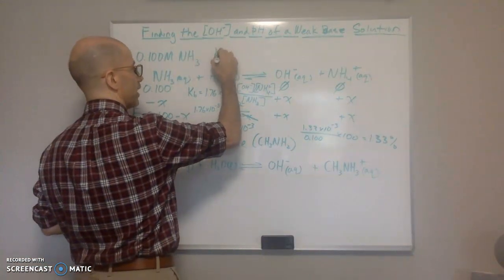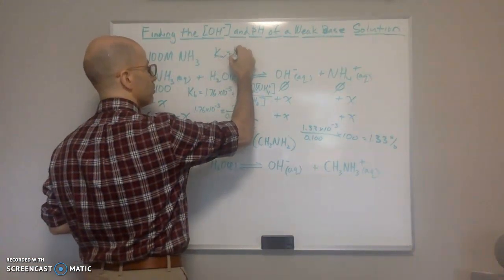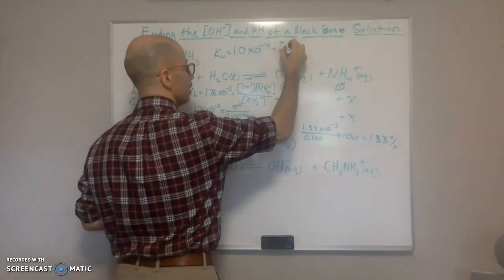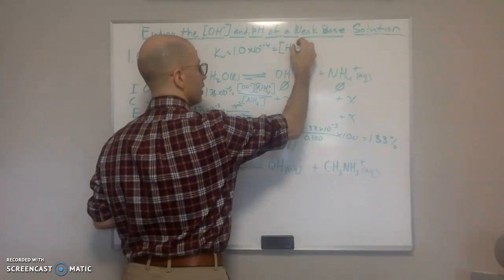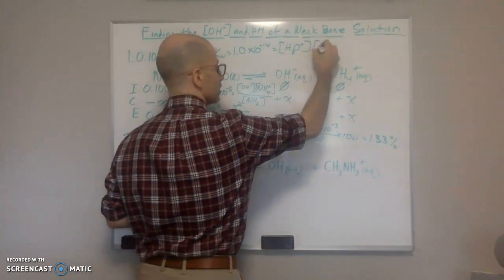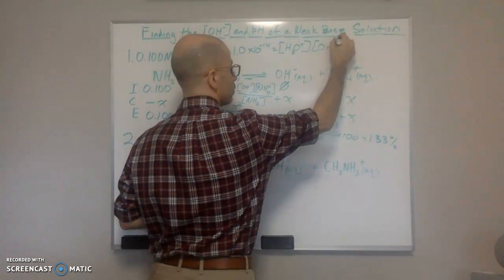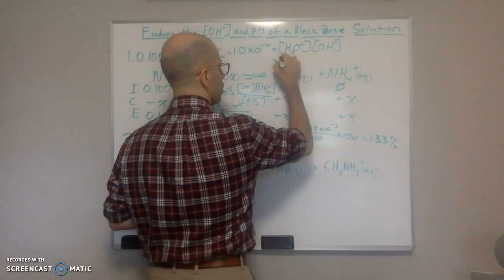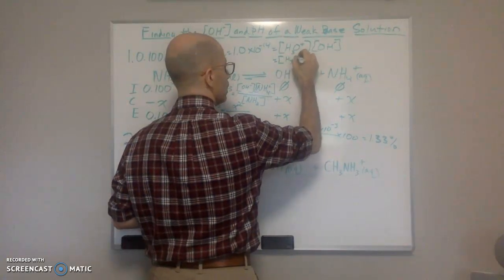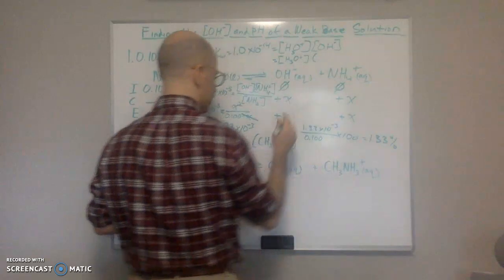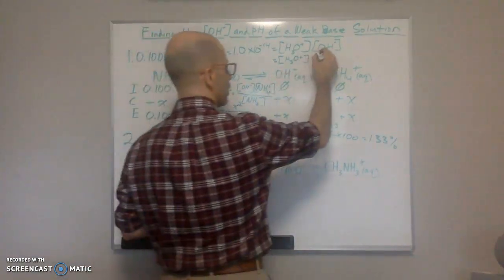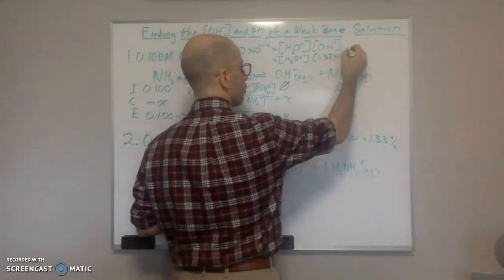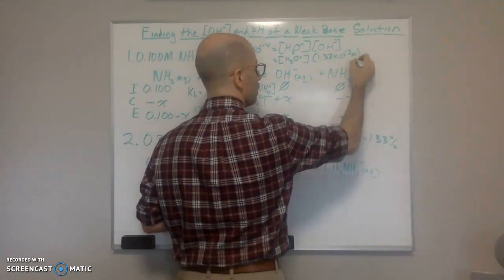So remember, Kw is equal to 1.0 times 10 to the negative 14, which is equal to the hydronium ion concentration multiplied by the hydroxide ion concentration. We know the OH concentration is 1.33 times 10 to the negative 3 molar.